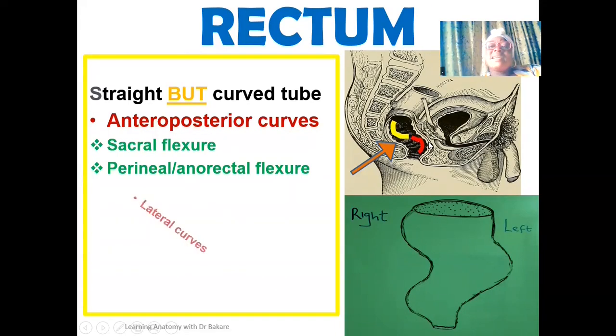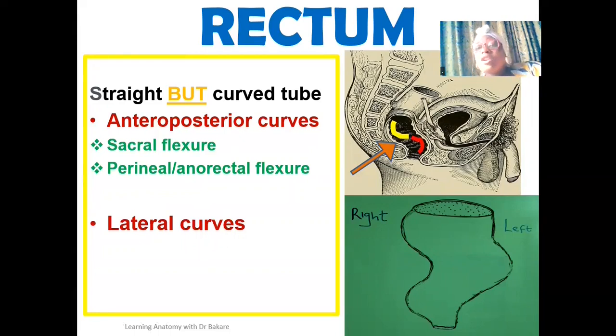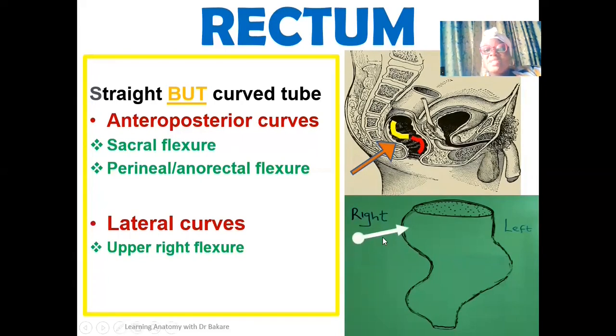It also presents another curvature at its lateral wall, and these are referred to as the lateral curves. And these are seen along the lateral border. So if you view the lateral border of the rectum, you also see it to present lateral curvatures. And these are 3 in number. And these include the upper right flexure, and this is the upper right flexure. After this, we have the middle left flexure, and this is the middle left flexure.